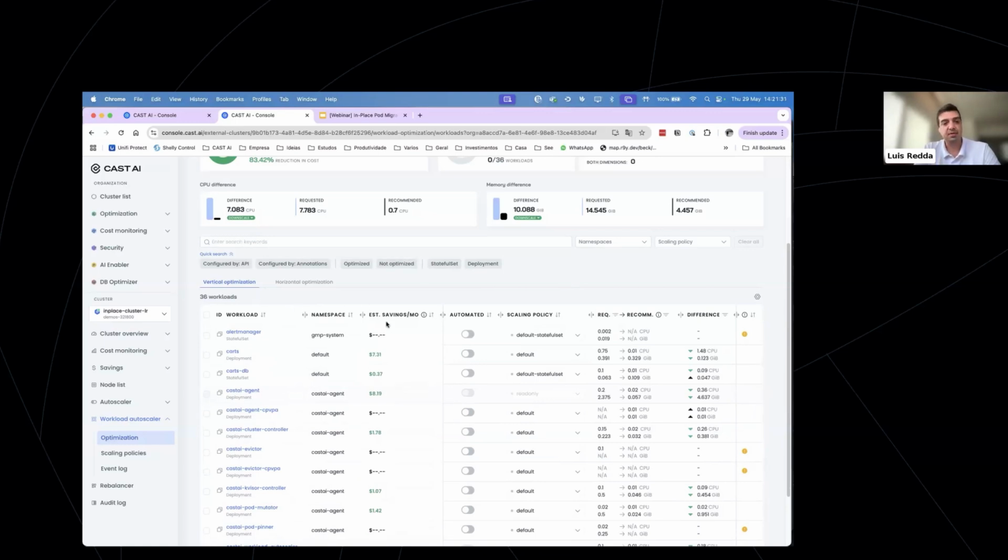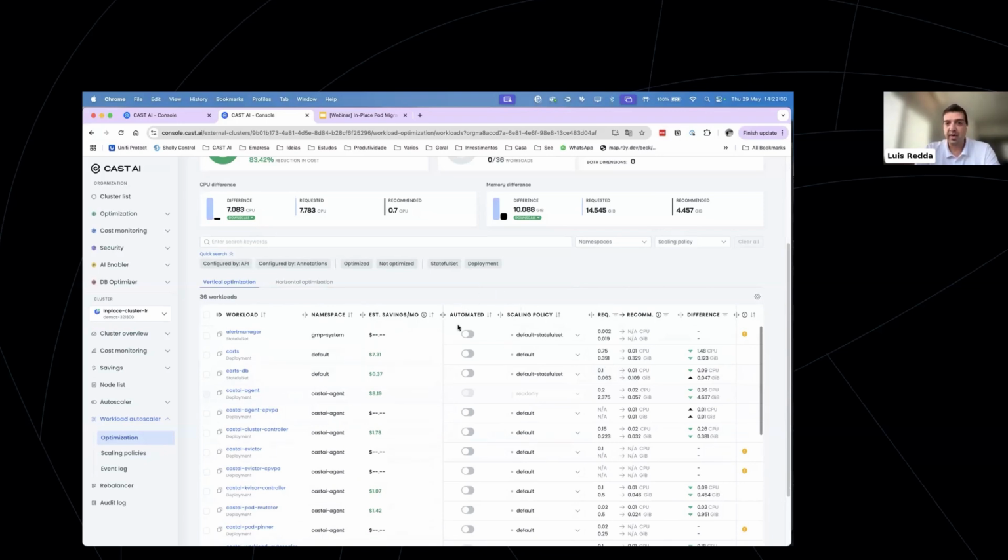And here you can see all the list of your workloads in your cluster with important data, right? For example, the savings estimated per month, which scaling policy you want to use? So this is very important. You can customize the behavior that CastAI is going to have in your workloads, for example, setting different percentiles or thresholds. So it's very customizable. And here is the difference between the requested and the recommendation, right?